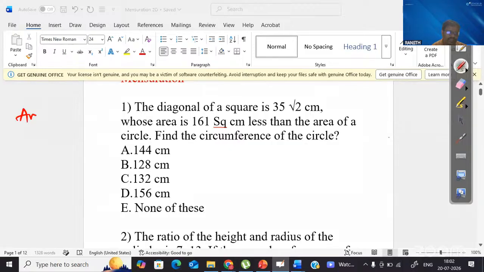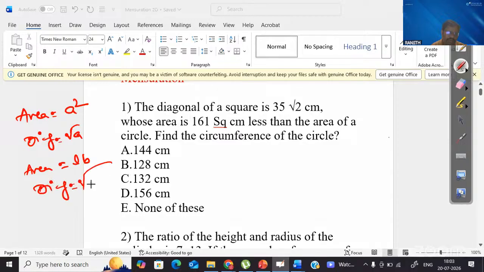What is the area of square? It will be equal to a square. What is the diagonal of square? It will be equal to root 2 a. What is the area of rectangle? It will be equal to L into B. Diagonal will be equal to root of L square plus B square.